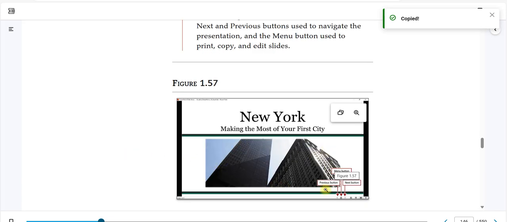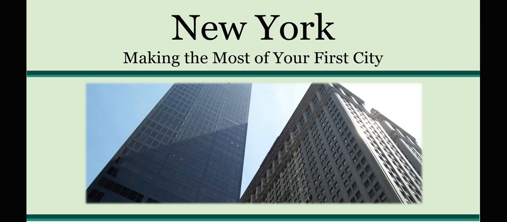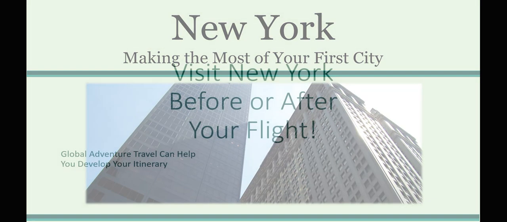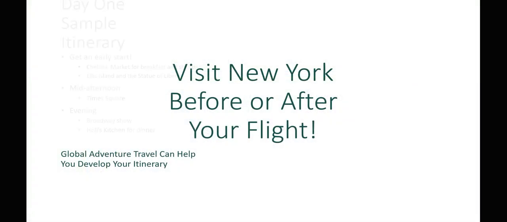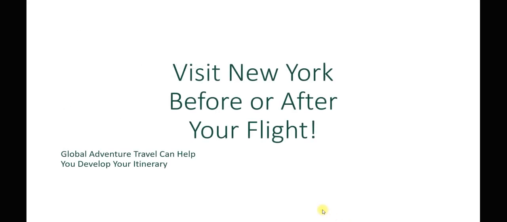And you've got preview, menu, and next. Again, you guys can't see it, but I've got the previous and the next, so I'm able to navigate from slide to slide according to the book.